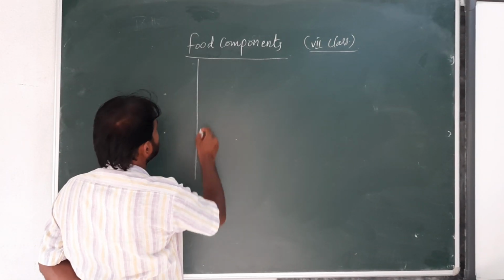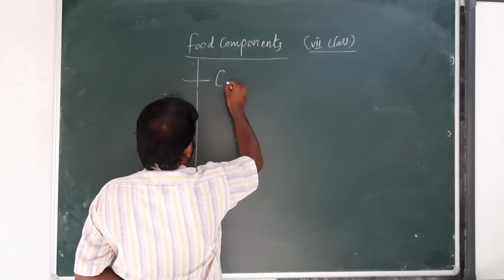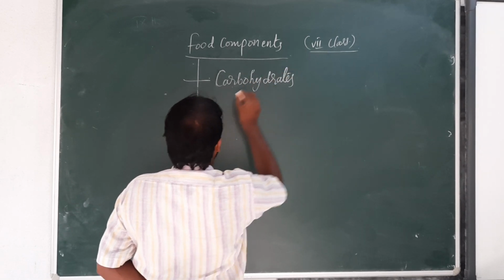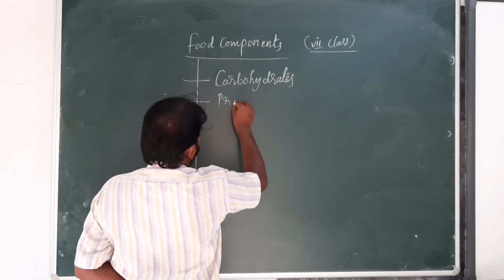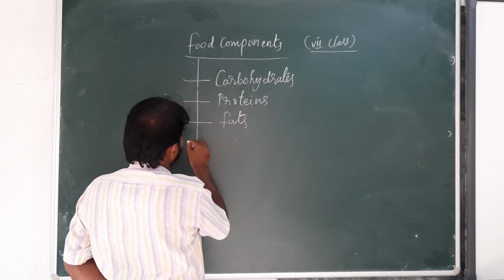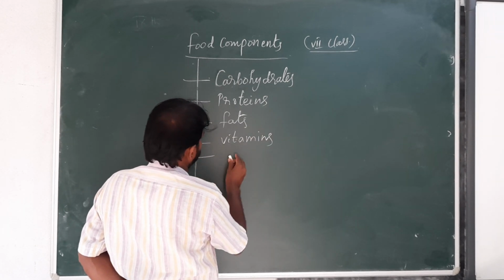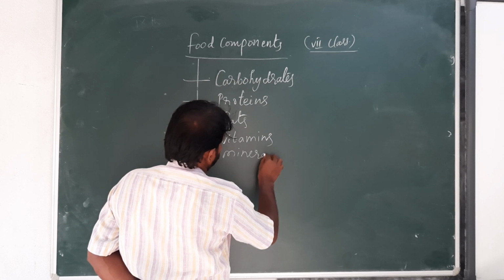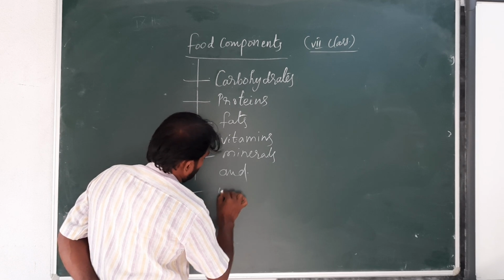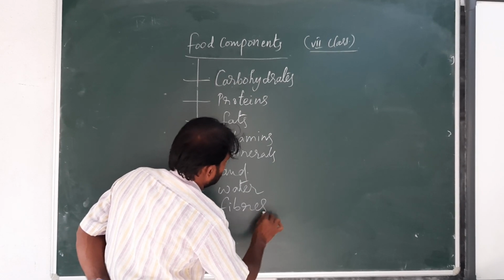What are the food components? Generally, carbohydrates, proteins, fats, vitamins, minerals, water, and fibers.